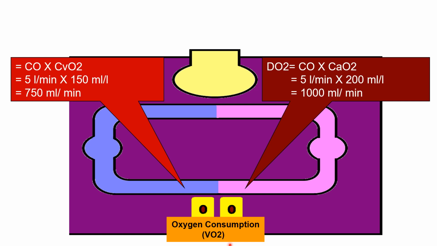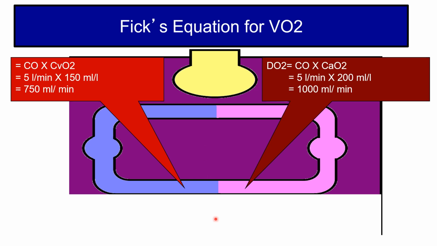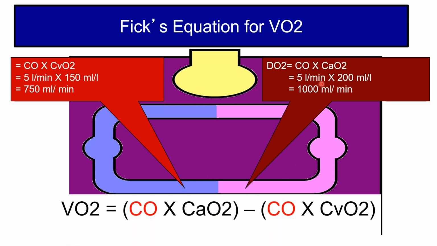So, simplistically, to compute for the VO2, which is the O2 consumption, we just get the difference of the amount delivered, cardiac output times arterial O2 content, minus the amount of O2 being delivered to the pulmonary circulation. So that's cardiac output times venous O2 content.